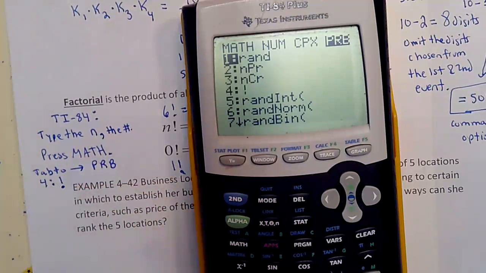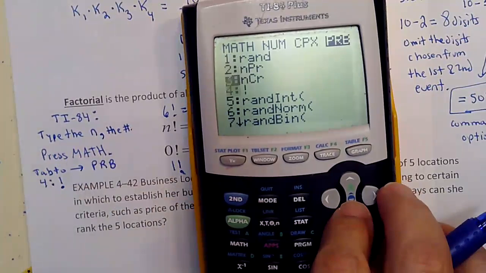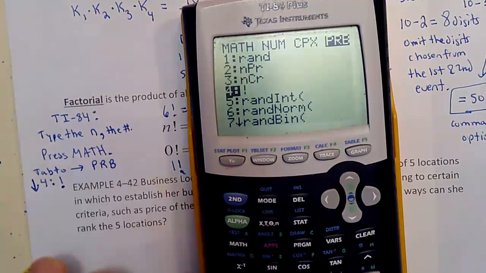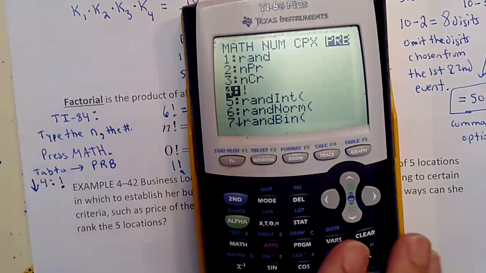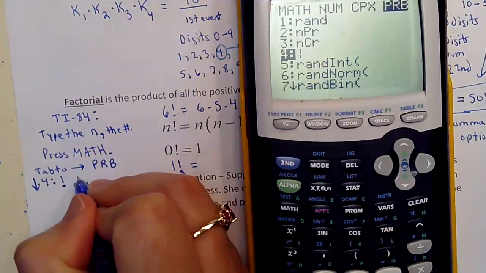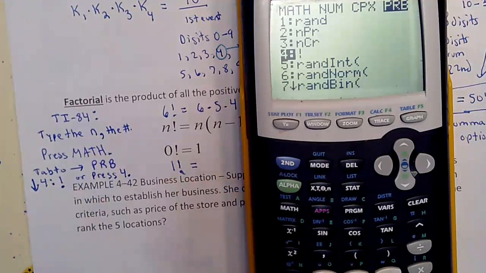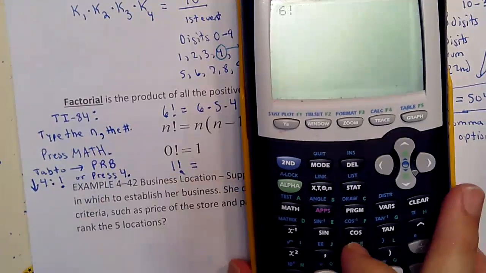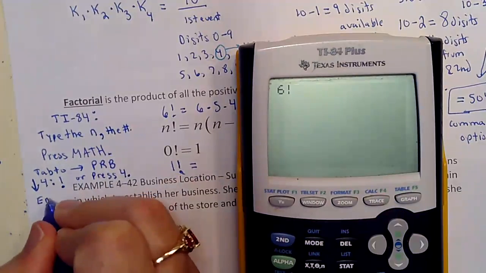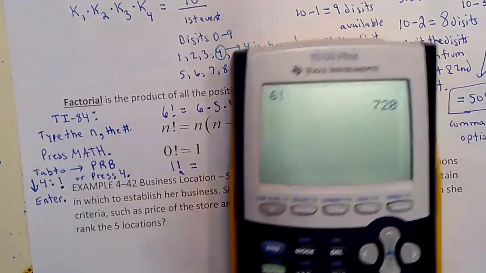So you either tab down to 4, or you can just press 4. Either or, okay? And then you hit enter, and you get 720.